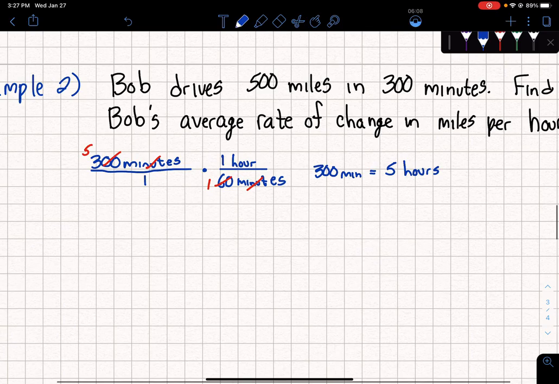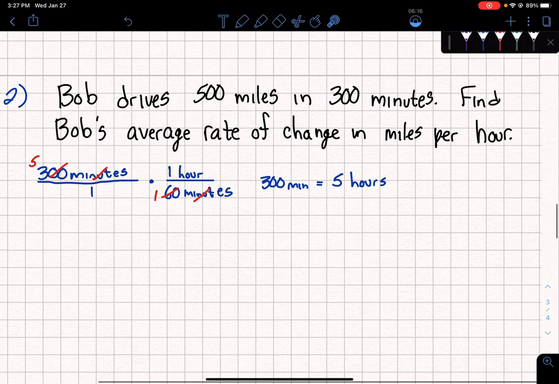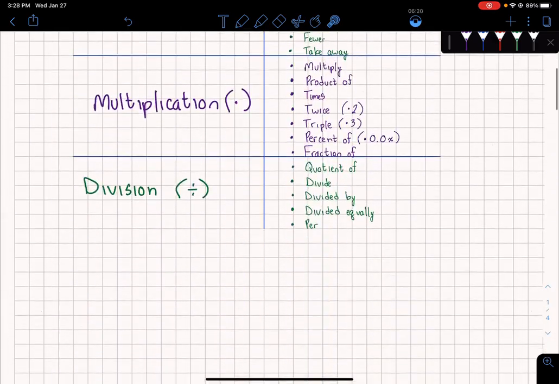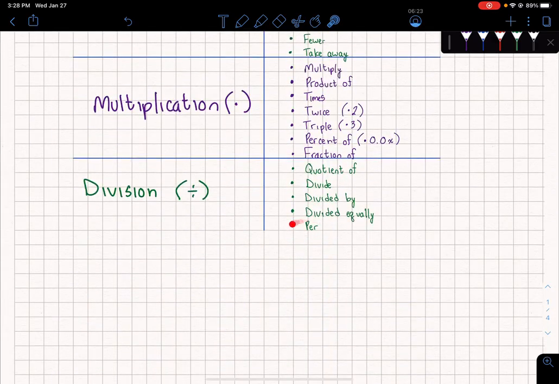Next we're going to express how many miles Bob drove as a ratio of miles to hours. Miles per hour here tells us, per, same thing, we're going to divide.